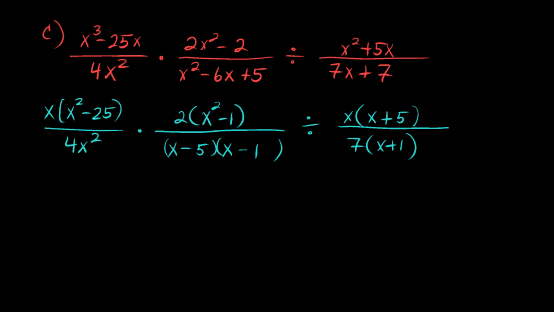Okay, so at this point, you might be wondering why I didn't go directly from division to multiplication. The reason is because now that this fraction is factored, when x is negative 1, that's going to be part of our restrictions.